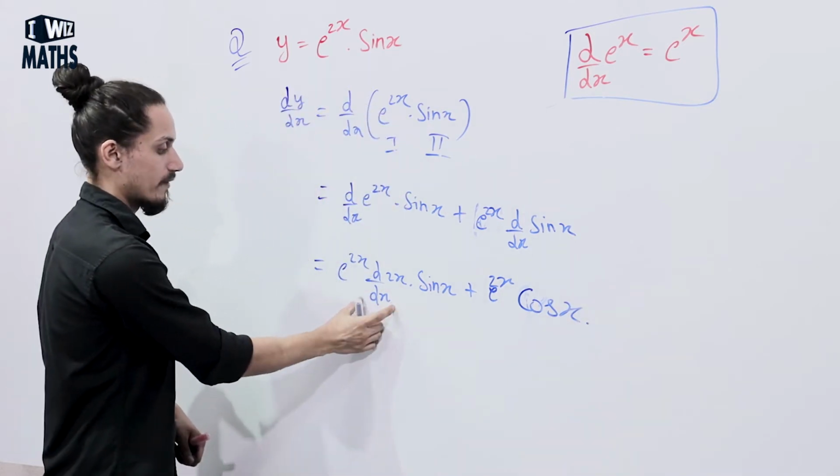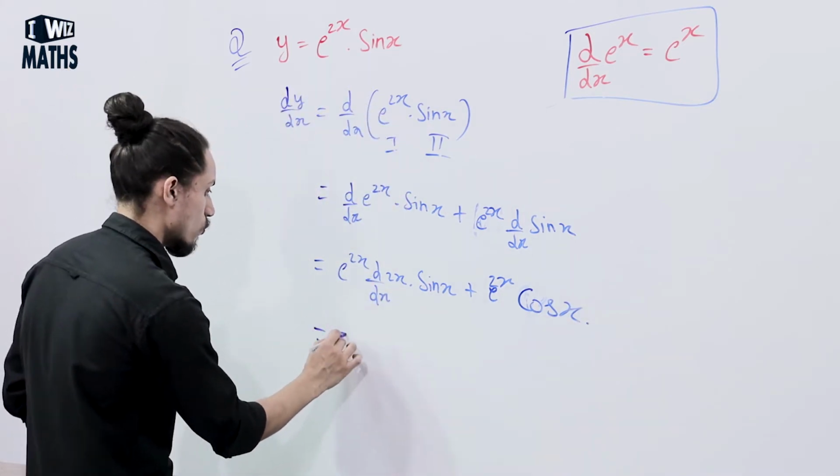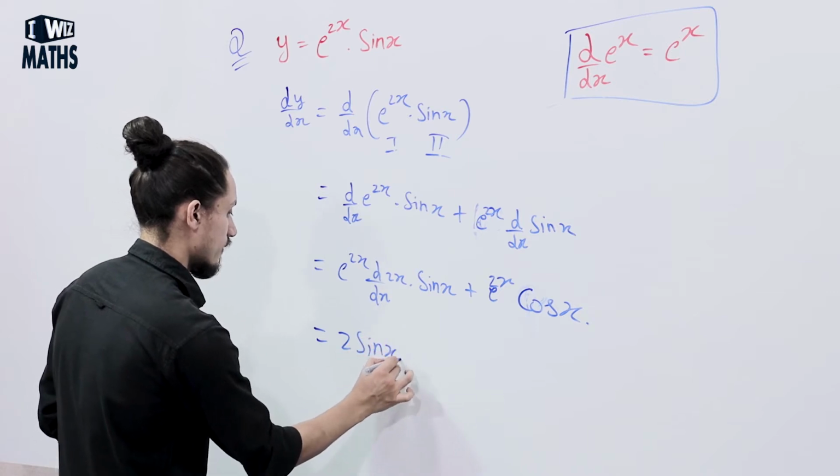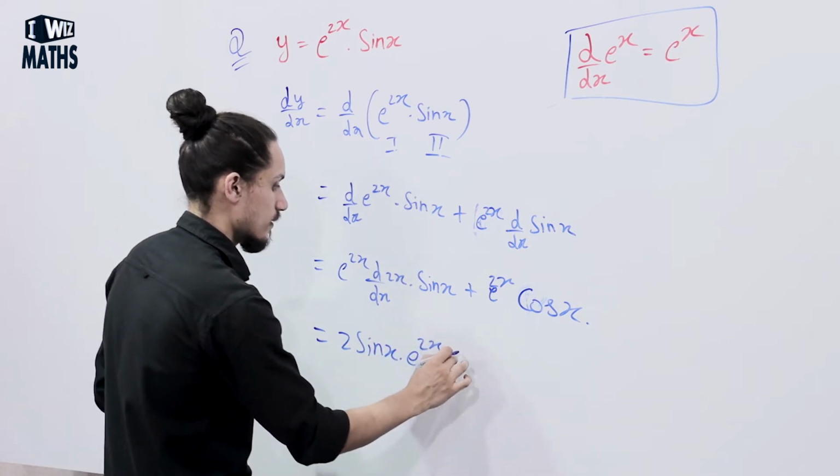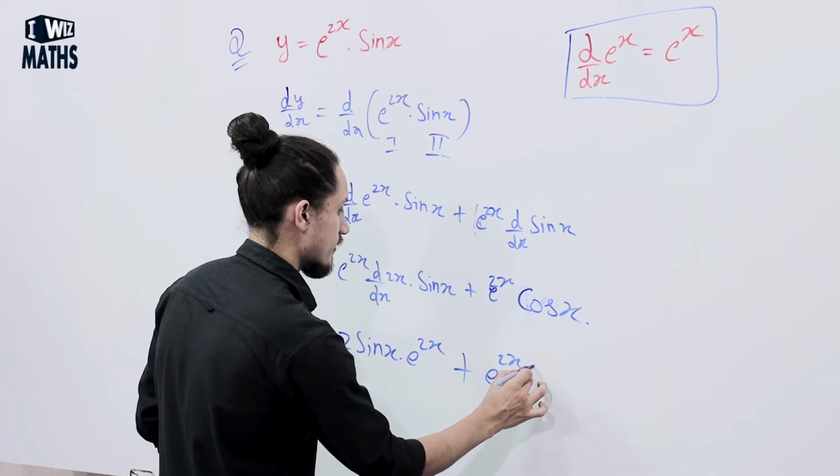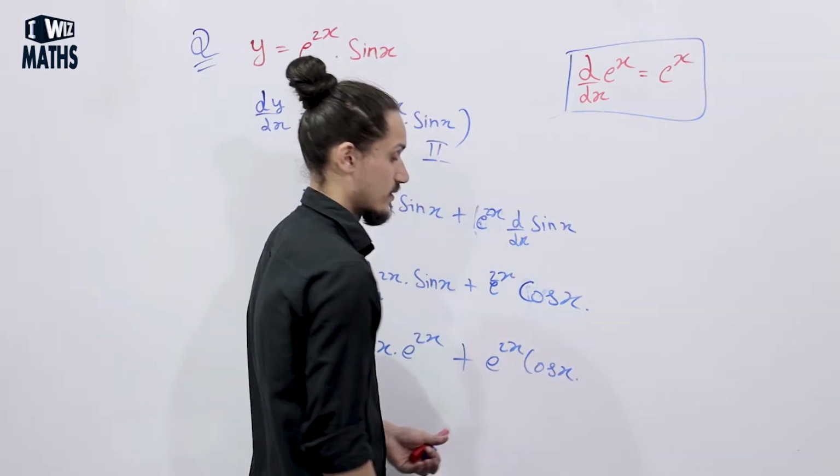In this case, derivative of 2x is equal to 2. So we get 2 sin x into exponential 2x plus exponential 2x into cos x, and hence the result.